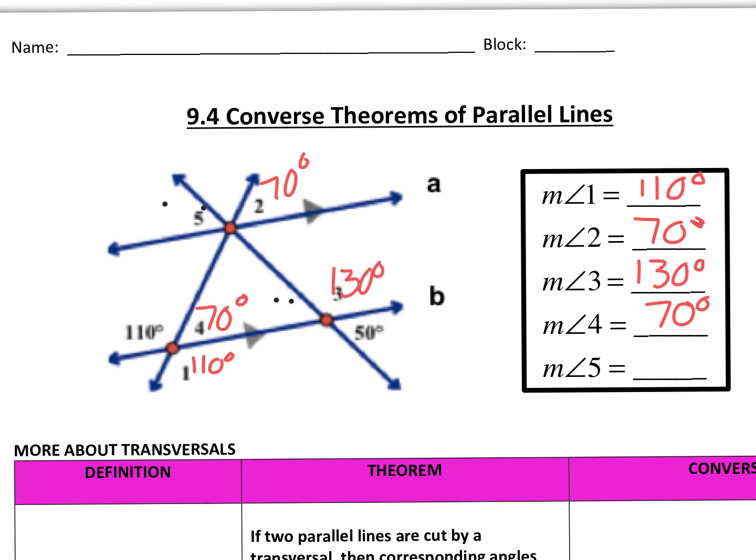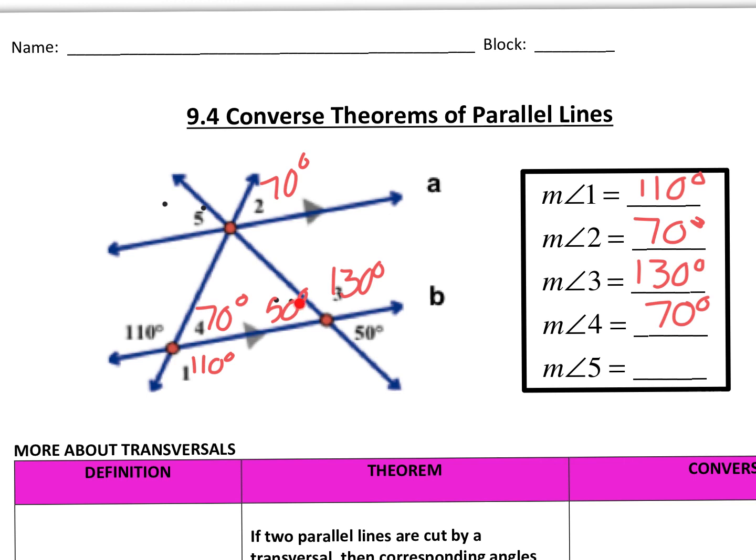All right, all we have left is 5. What is 5? You know what? Let's try a little something crazy here. The angle next to the 130 would also be supplementary, a linear pair, or straight across from 50, a vertical angle. Either way, they're going to be 50, however you want to do it.